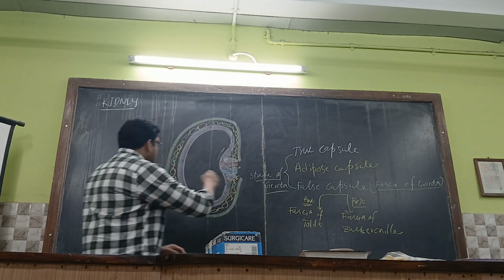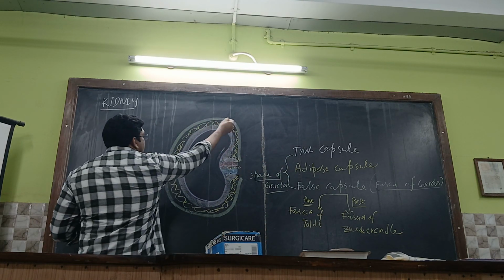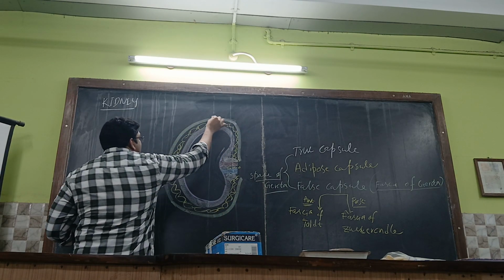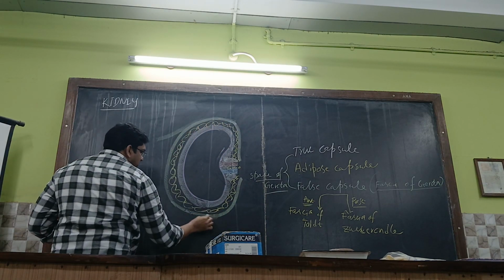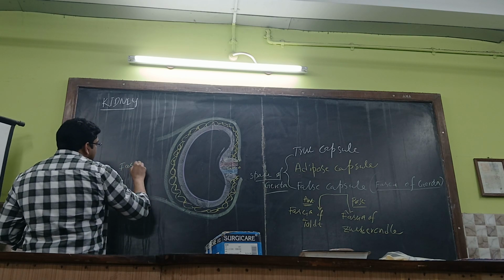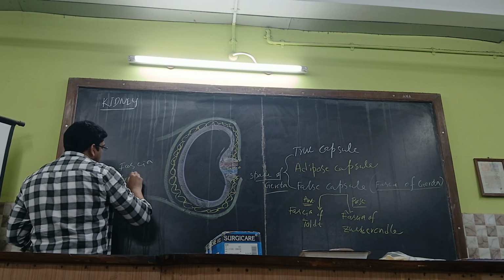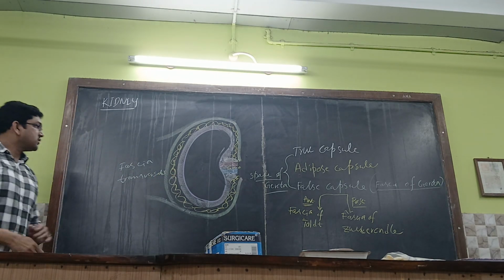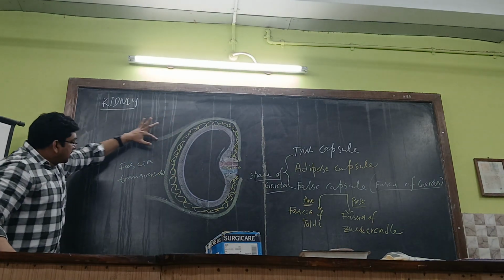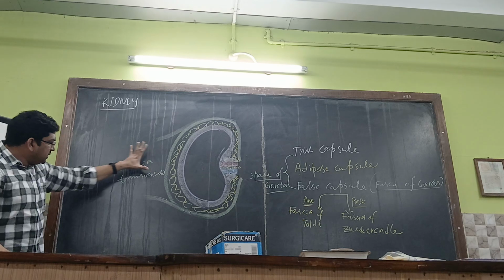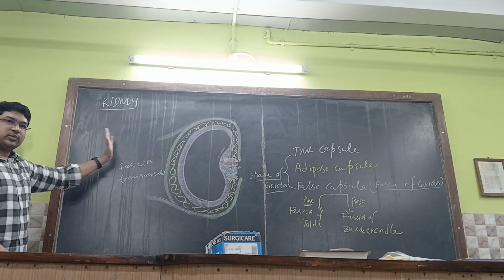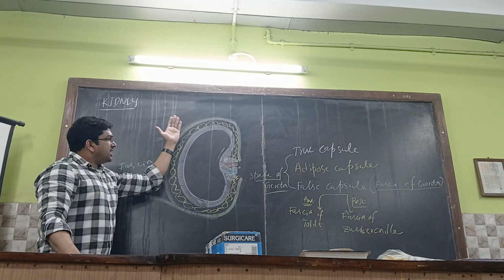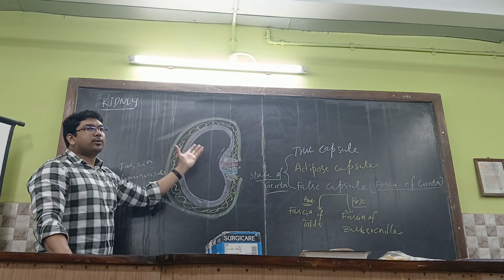Whenever these two layers join at the lateral border, this lateral border will be continuous with the fascia transversalis. Could you imagine? Kidneys are situated in front of the posterior abdominal wall muscles.